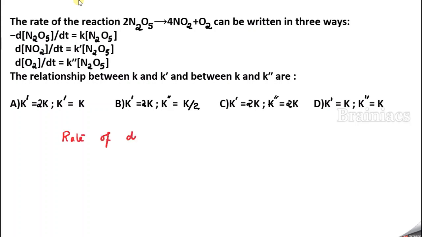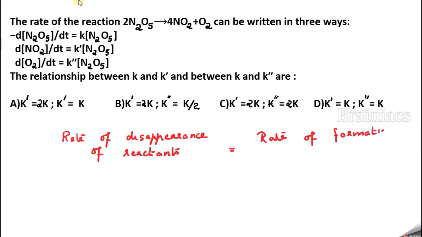Rate of disappearance of reactants is equal to the rate of formation of products. This we are learning initially itself, correct? Based on this fundamental only we are measuring the rate of formation of products.